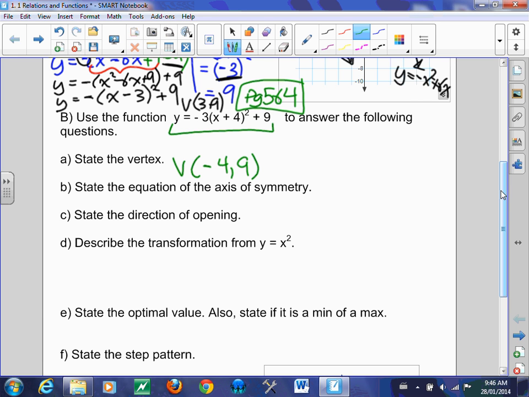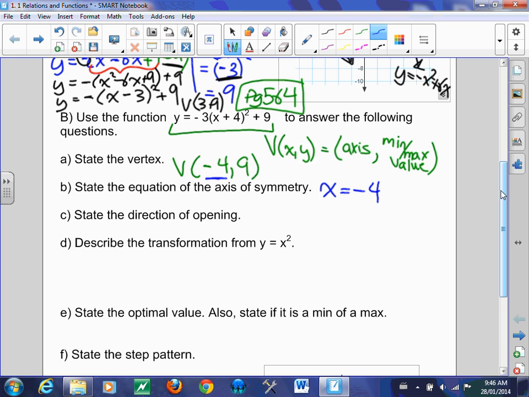Now, we didn't quite go over that, but whenever you have a vertex (x, y), whatever it is, that equals the axis and your min or max value. So the axis is going to be the first part of the coordinate of your vertex, so it's going to be x equals negative 4.